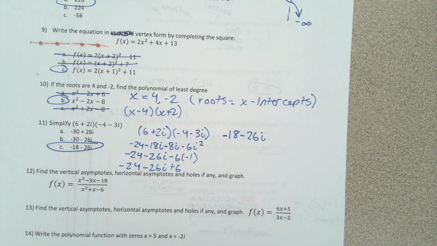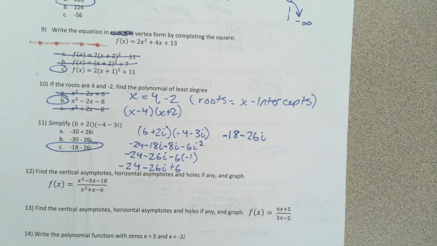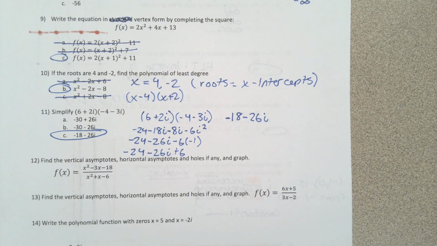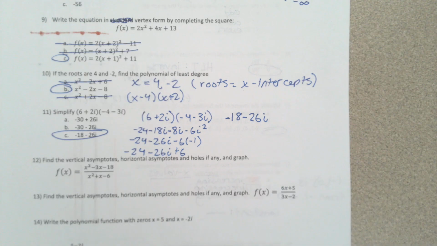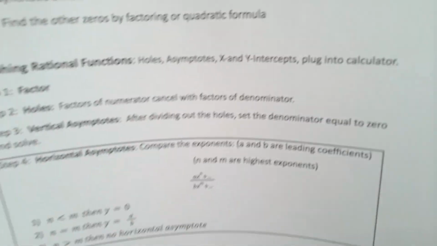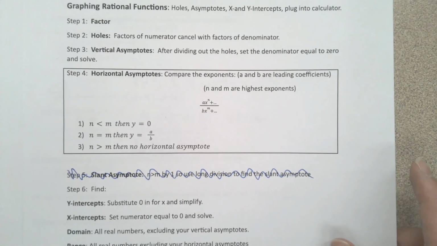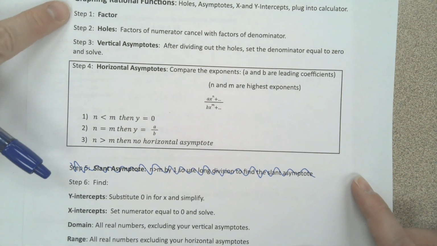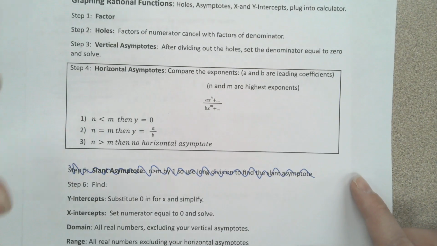Number 12. Find the vertical asymptotes, horizontal asymptotes, and holes, if any, and graph. So this one, we don't have to do all of the steps outlined on the paper because it doesn't ask for it. So this is where we would need this paper here, and we need to go through the first 4 steps. So factor if you can, find your holes, your asymptotes, graph it.